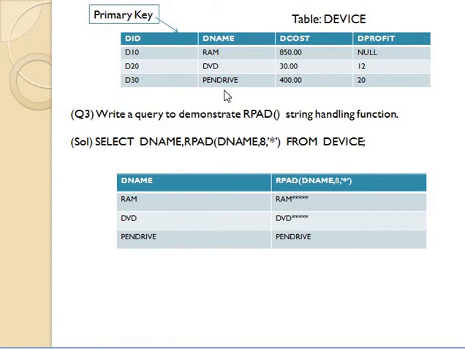And lastly, for the entry pen drive, since it already consists of 8 characters and the total number of characters should be exactly equal to 8, there is no need to add extra special characters of the type asterisk. That's why I can see the entry pen drive of the column dname getting displayed exactly as it is in the output table.